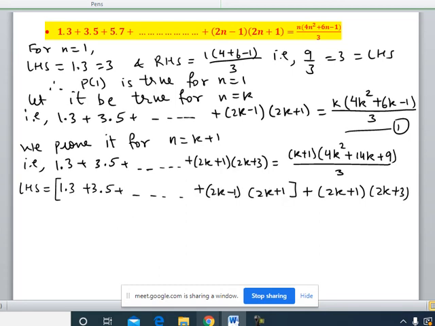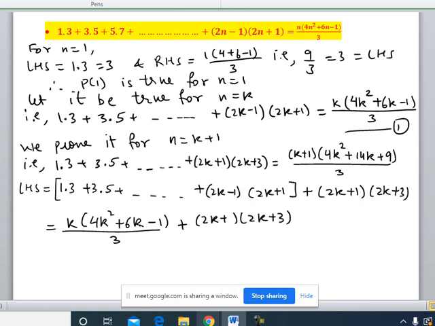Now the sum of all these is known to us from equation 1. So I will use the sum. It is k times (4k square plus 6k minus 1) divided by 3. This gets added to (2k plus 1)(2k plus 3).